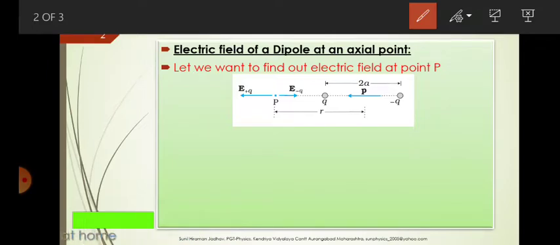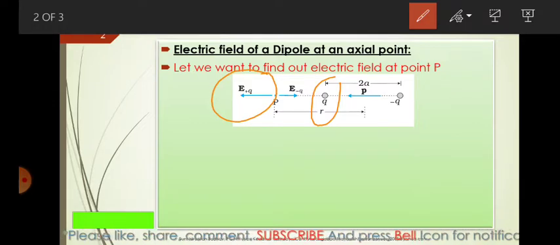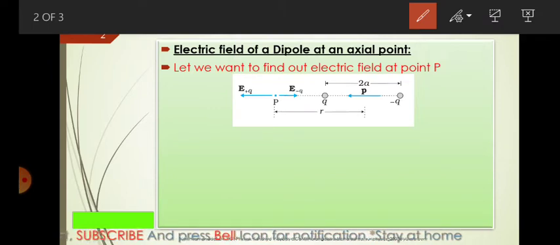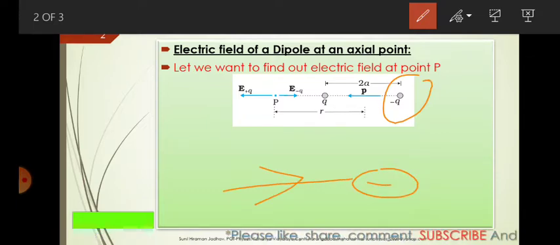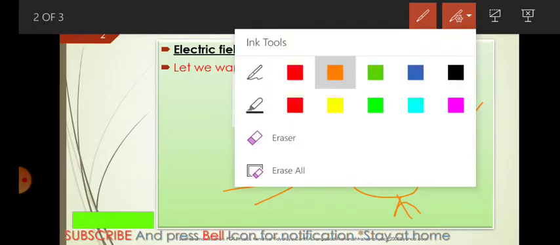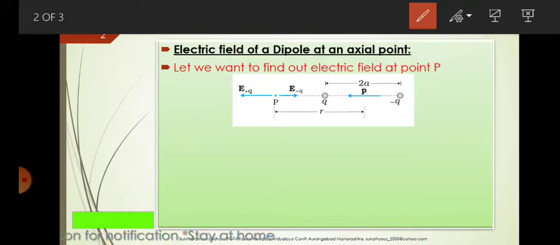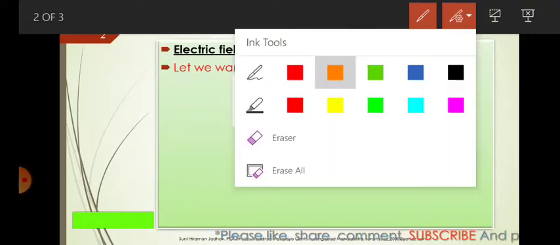So if I want to find the electric field of this plus q, suppose E plus q is the electric field at point P, and it is directed away from the charge. Similarly, for the minus q charge, the electric field lines tend towards the charge, so we indicate this E minus q towards the minus q charge like this.